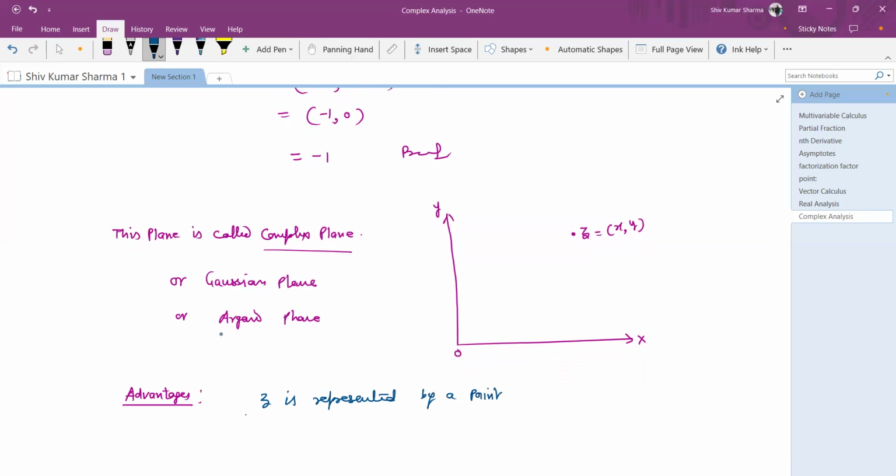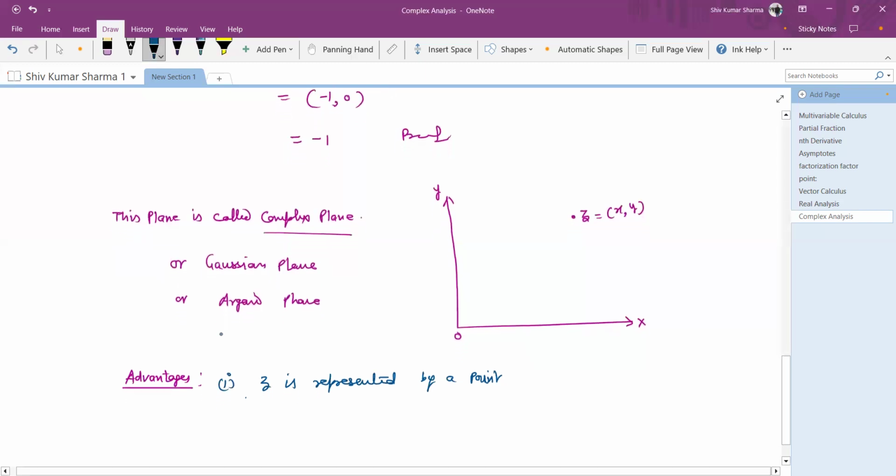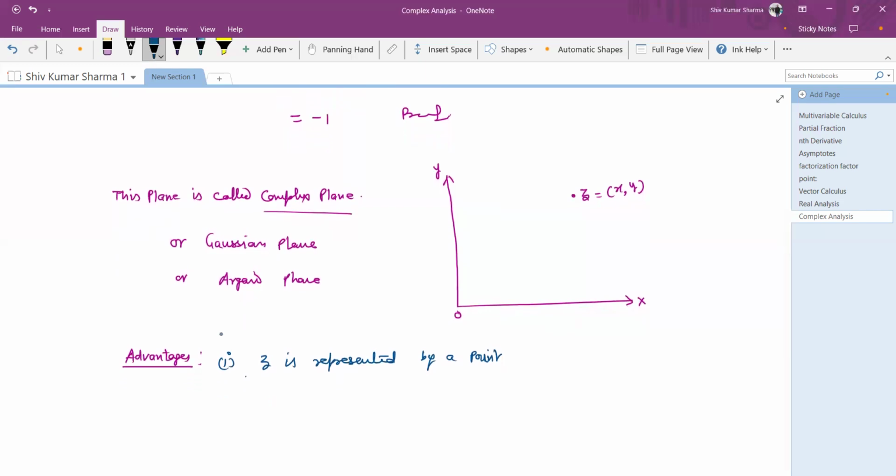So the complex number is also represented by a point, and this is our first condition. And the second thing, R, meaning real numbers, is a subset of the complex numbers.